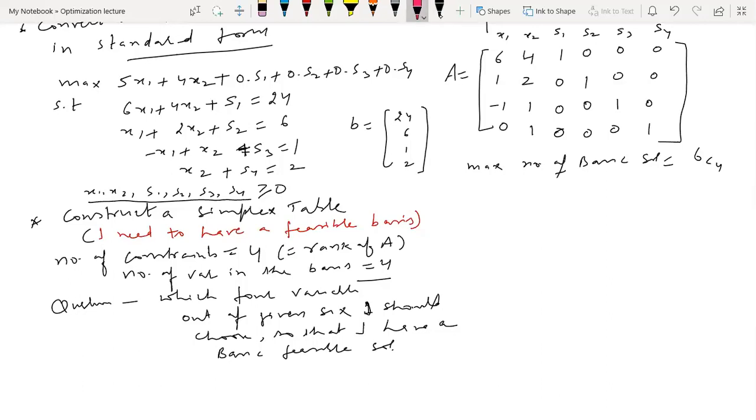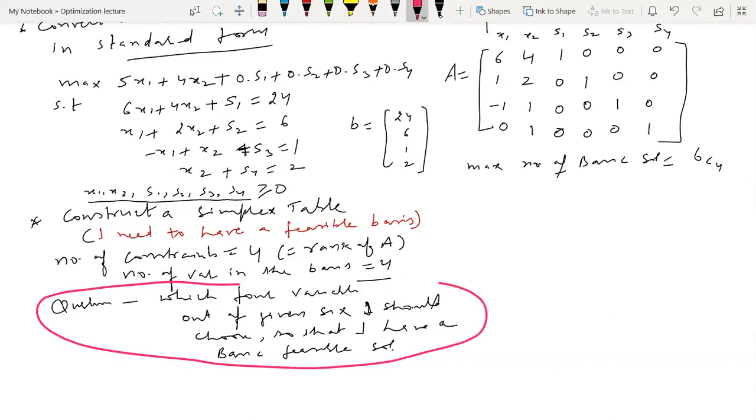Okay, this is the point. I need to choose 4 variables to construct my basis, because the rank of the matrix is 4. You can easily see that I have a submatrix whose determinant is always non-zero. I can see it at a quick glance. But my question is, which 4 variables should I choose? So I need to construct a basis matrix with the 4 variables.